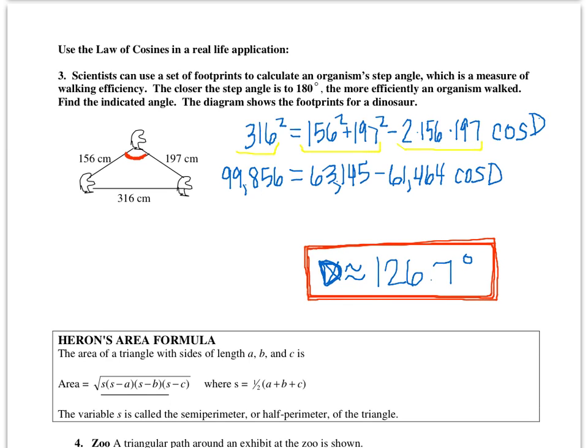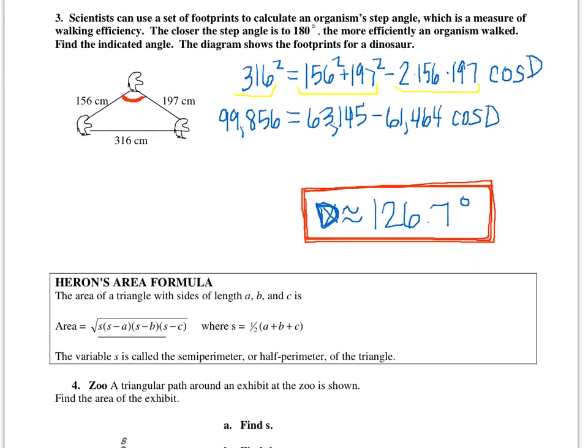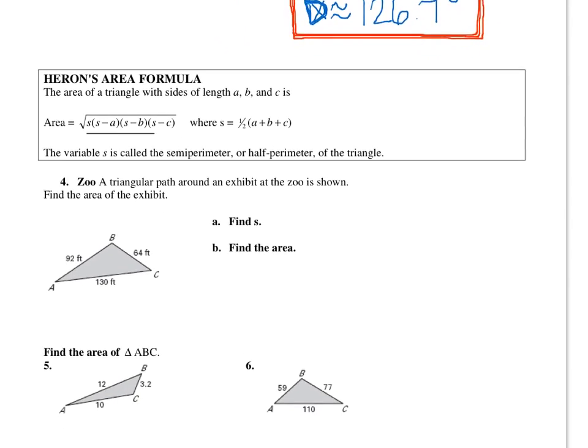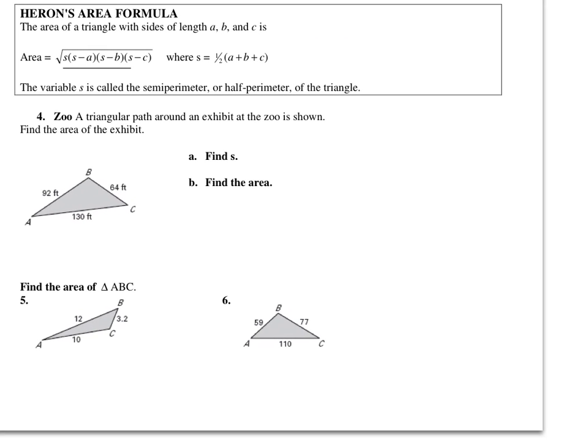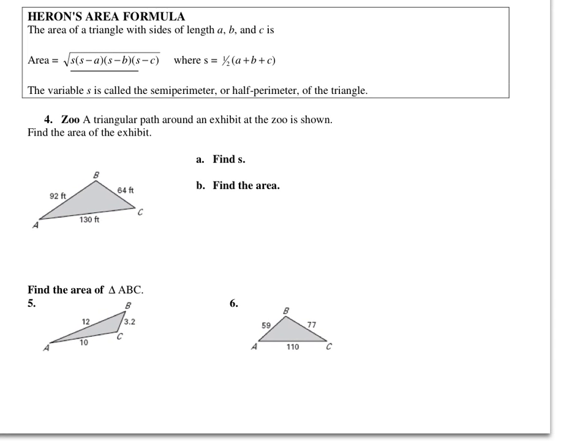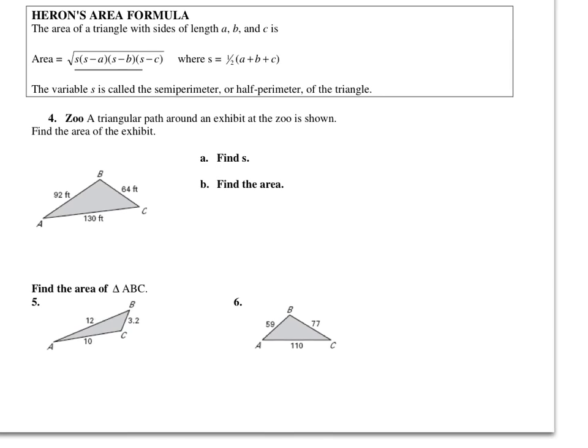Okay, last thing that we're going to do for this video, for this chapter, for Algebra 2B even, our last thing here is Heron's area formula. Heron's area formula gives us the area of a triangle with sides of length A, B, and C. So here's a nice little formula.